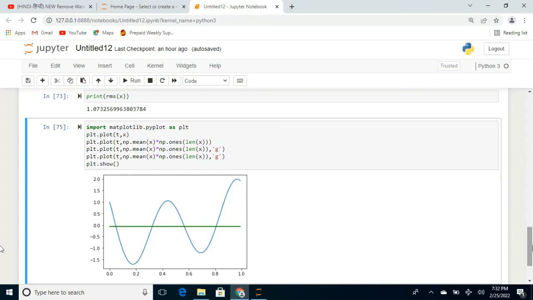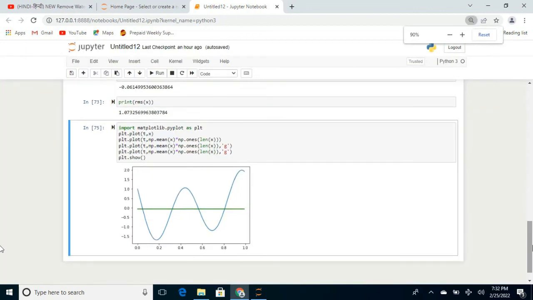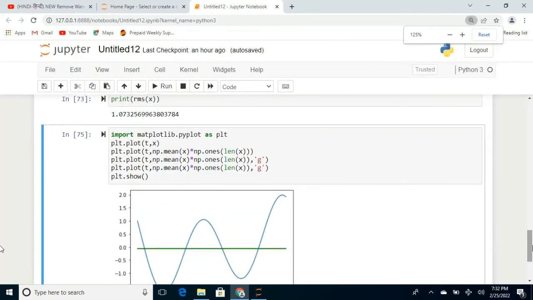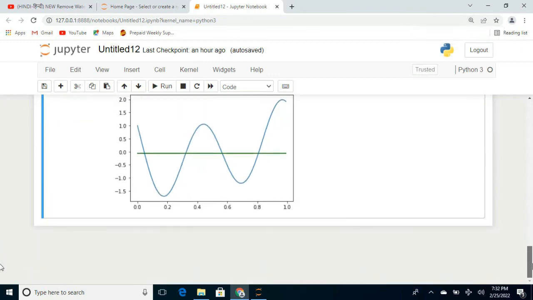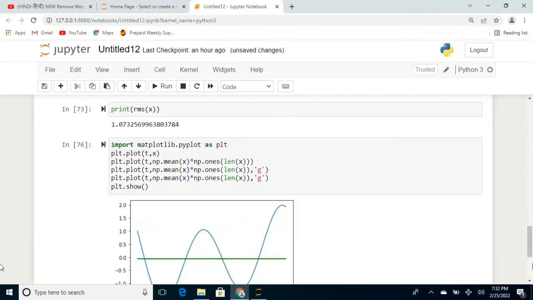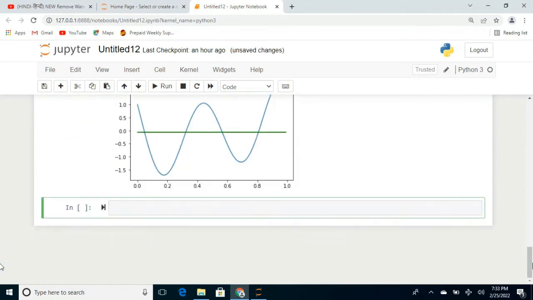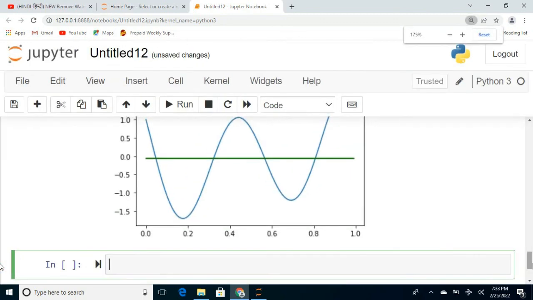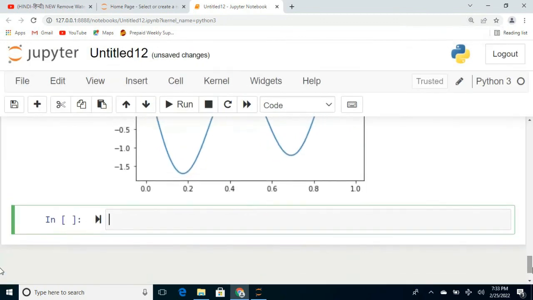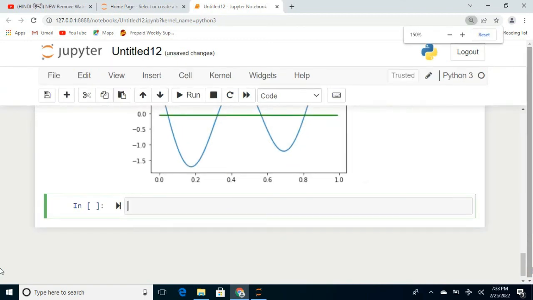And we know about Chebyshev inequality. So when we talk about Chebyshev inequality, here we shall write import math.